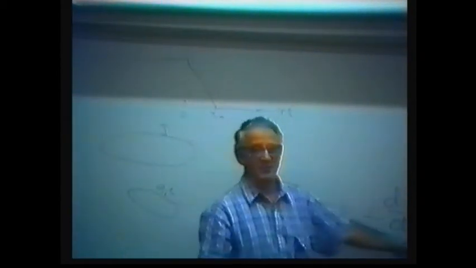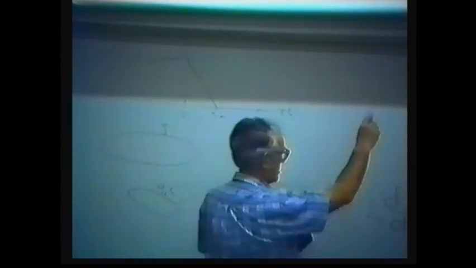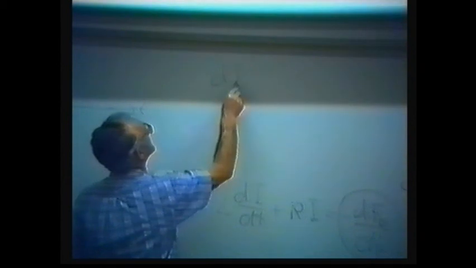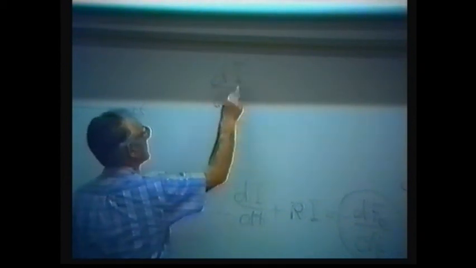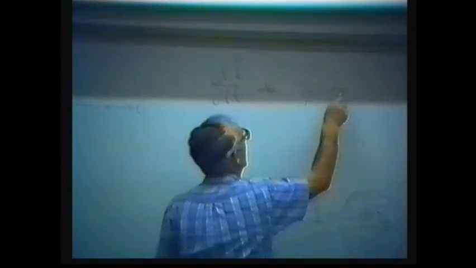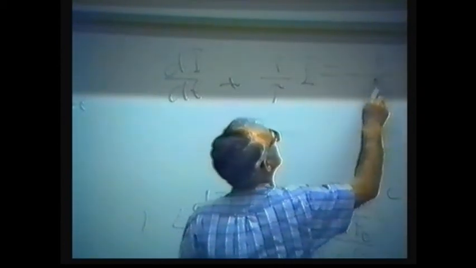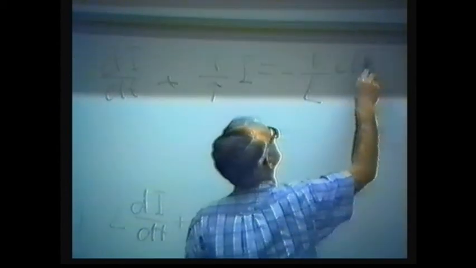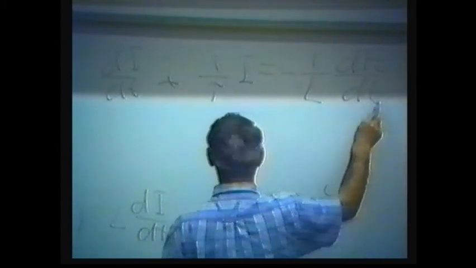No more Maxwell equation, simple equation, which I will write in the following form with your permission. di/dt, I am looking for current, plus 1/tau times i equals minus 1/(RA) times dF0/dt. Now what I did, I divided by L. Correct?